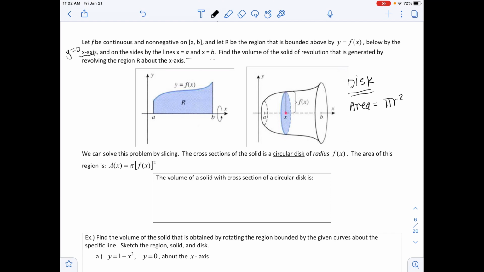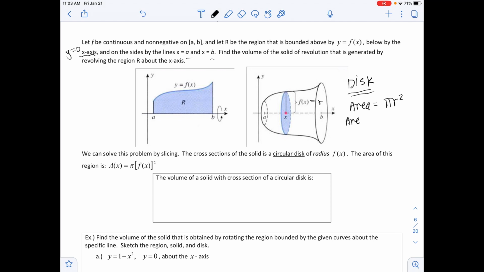And for this problem, our radius, or our r here, is equal to our function f of x. And so that changes. It's not a constant value like we saw in earlier math courses where maybe the radius was 2. If you look at this, as you go towards the left of that shape, that radius gets smaller, and as you go towards the right of that shape, it's going to get larger. So it's changing, so it's a function.